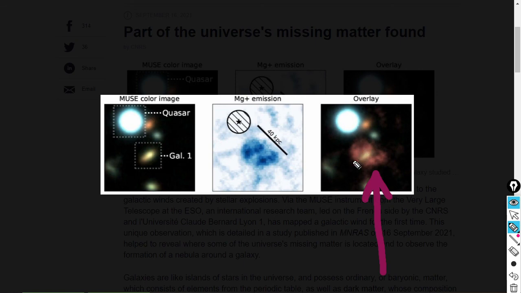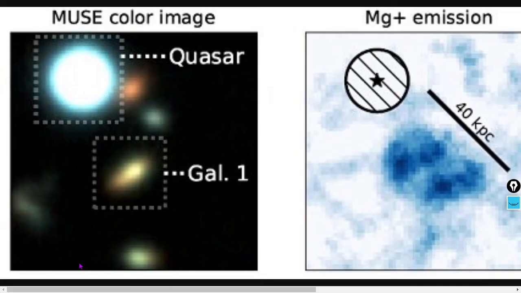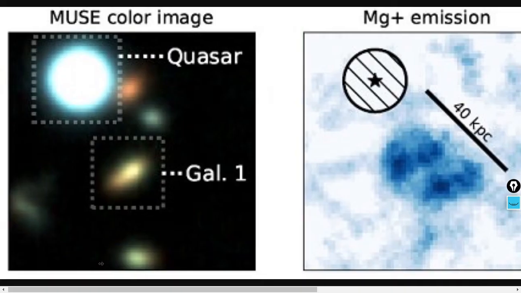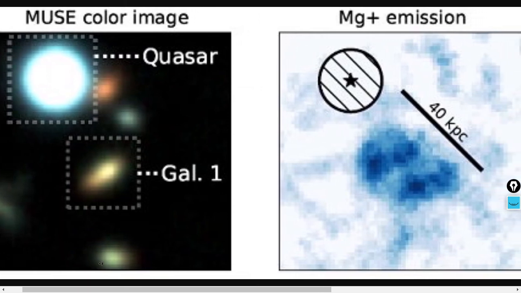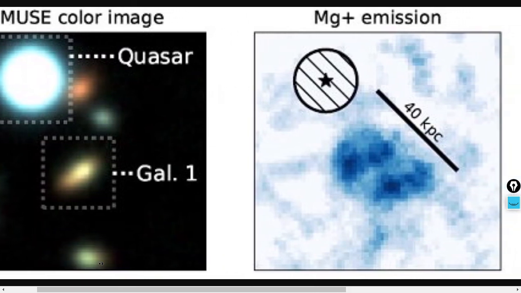And that pink area there, that's a combination of the optical and the magnesium emission spectra. And that's why you're seeing that. And check out the shape of that. Let's zoom in. And we're just going to scroll across here to show all the different images to give you the maximum resolution that we could possibly provide here.